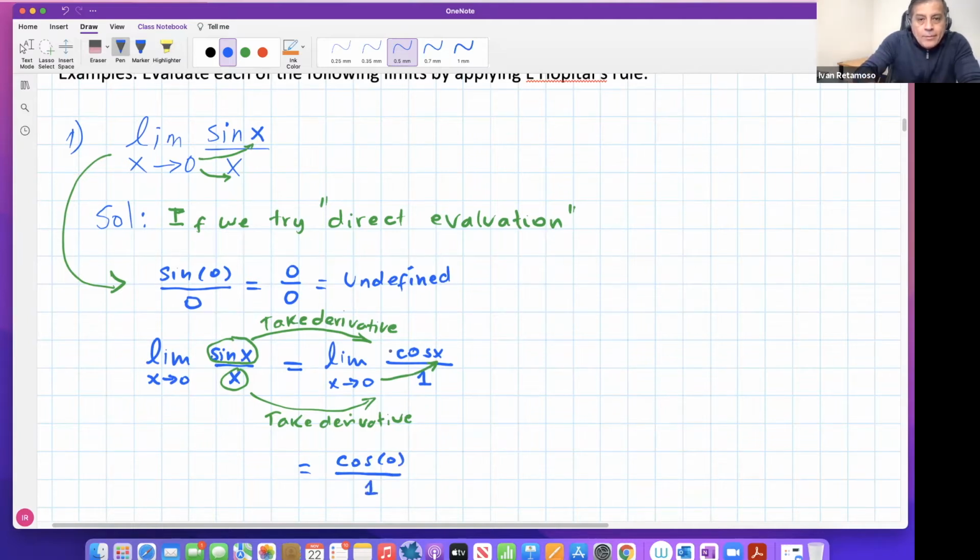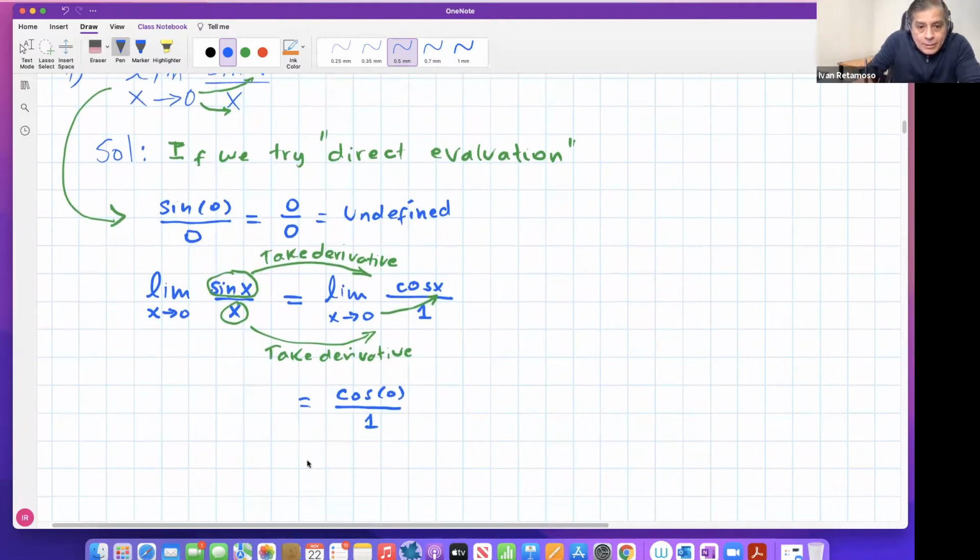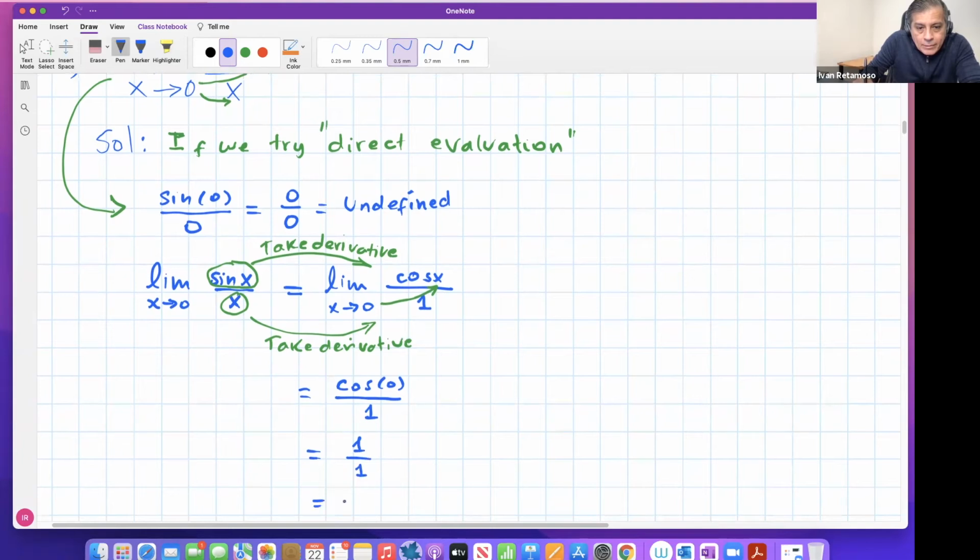Cosine of 0 is just 1. Very good, very good. We are headed there. 1, right? And 1 over 1 is just 1, right? So we were able to compute this limit, right? Even though at the beginning we had trouble doing the direct evaluation, right? Using L'Hopital's rule. Very good, guys.